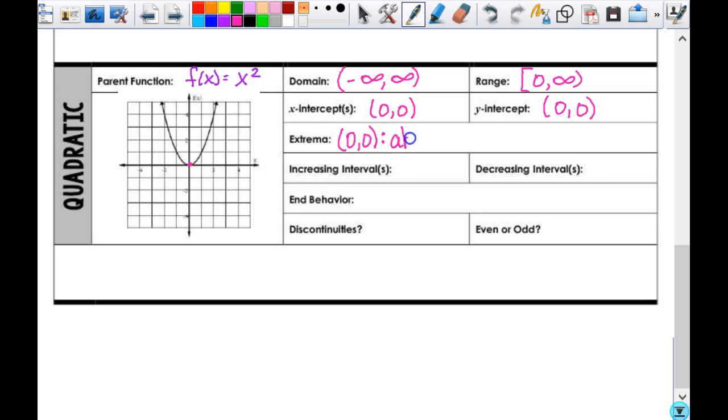Good. It's an absolute minimum again. Is it increasing anywhere? Yes. From 0 to infinity. Good. And decreasing from negative infinity to 0.